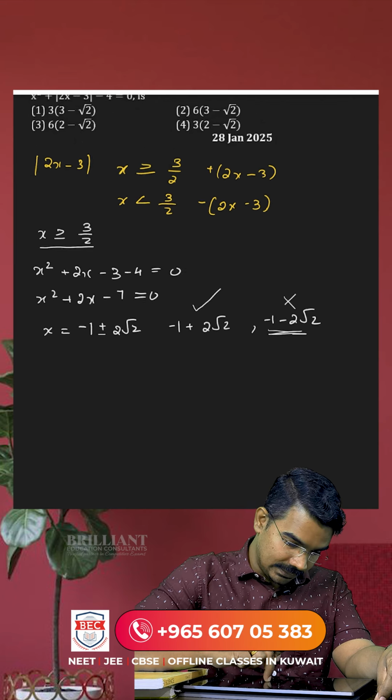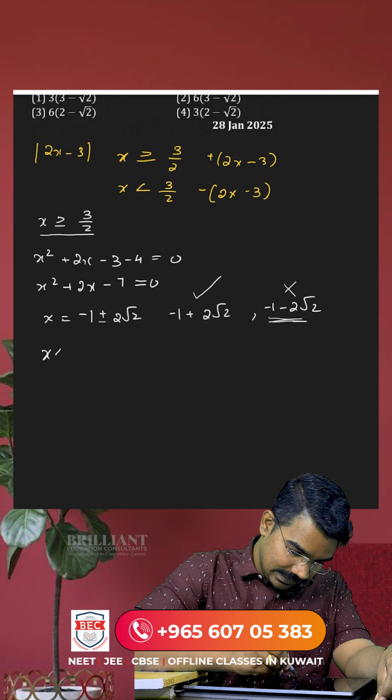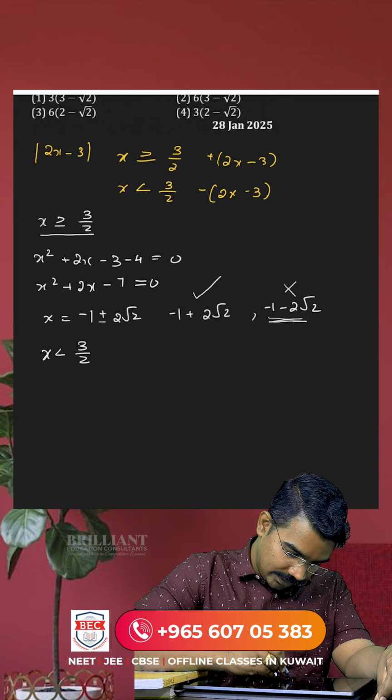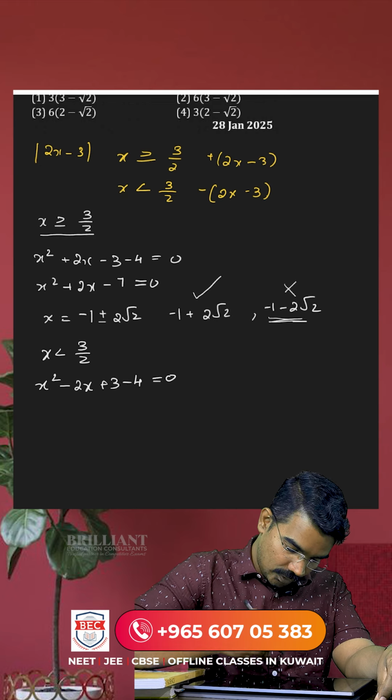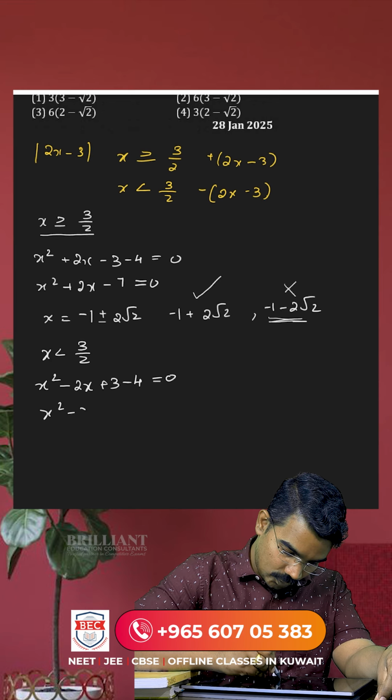Going to the next condition, that is x less than 3 by 2, the equation will become x square minus 2x plus 3 minus 4 is equal to 0, that is x square minus 2x minus 1 is equal to 0.